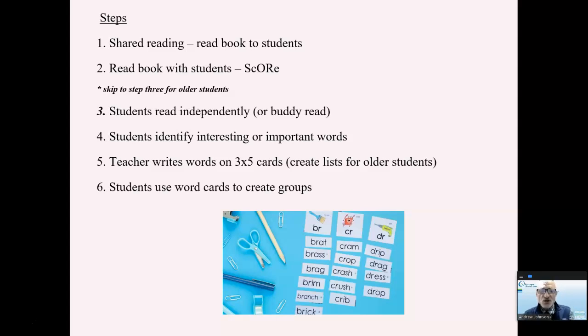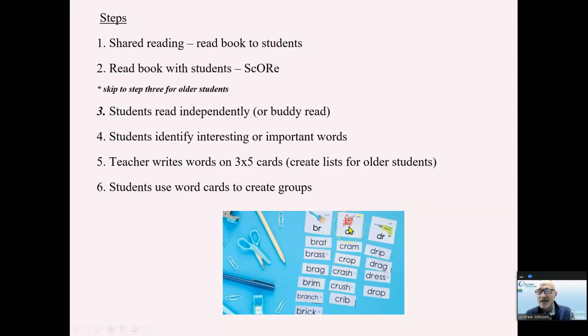The next day, the teacher writes their words on 3x5 cards that they found interesting or important. And then they create groups based on their cards. They put them in letter groups. Now, for older students, I simply create the list and let them write it down. But younger students, they need to manipulate.